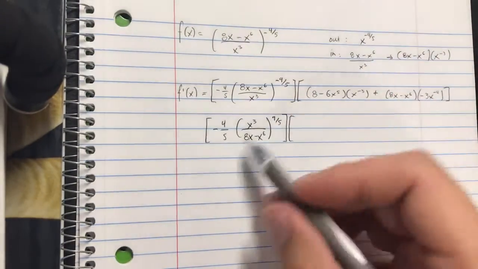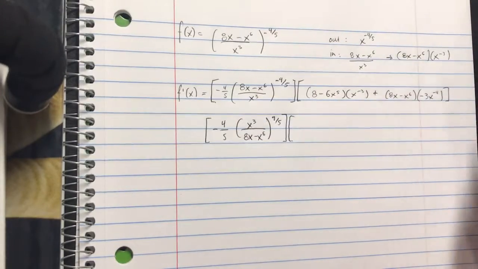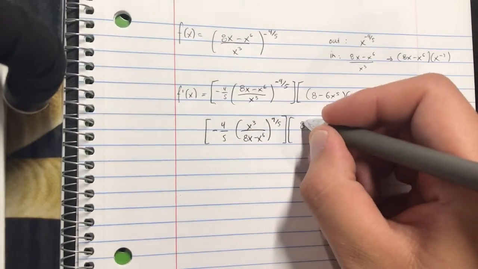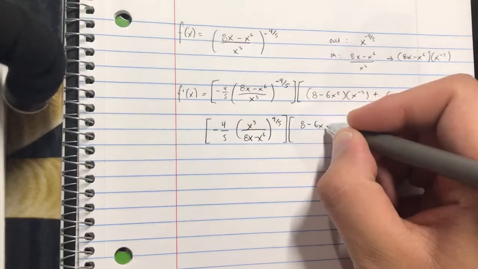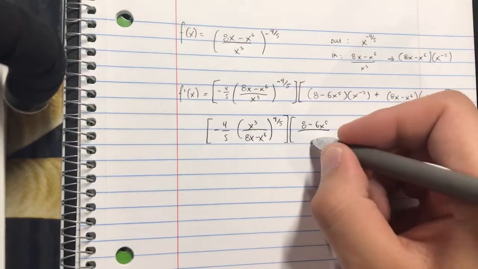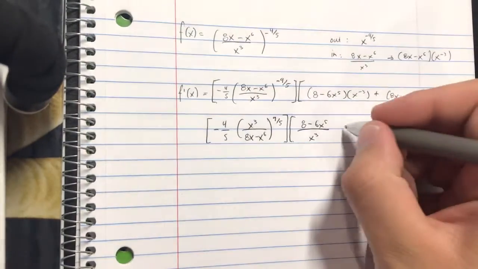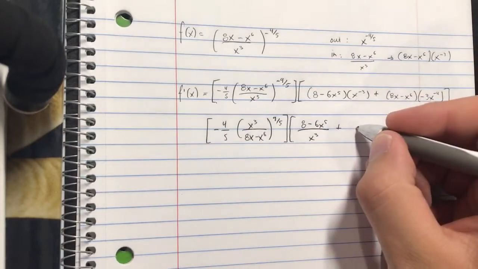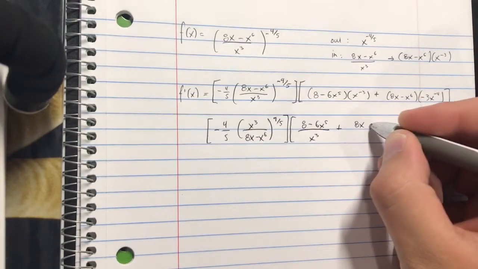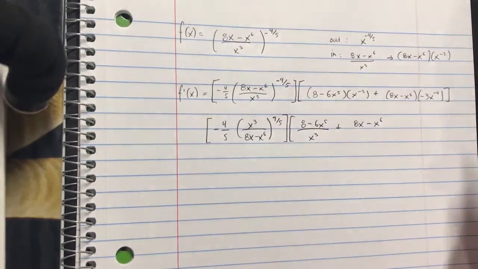And for now, that's all we'll do to this side, and then we can begin to simplify this. What we're left with is 8 minus 6x to the 5th power all over x cubed plus 8x minus x to the 6th power.